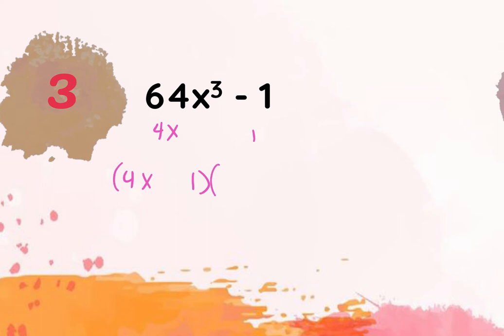Second set of parentheses is the square of 4x, which is 16x squared. And then you multiply the originals together, so 4x times 1 would be 4x, and then you square the second one, and my signs, same, opposite, always positive.